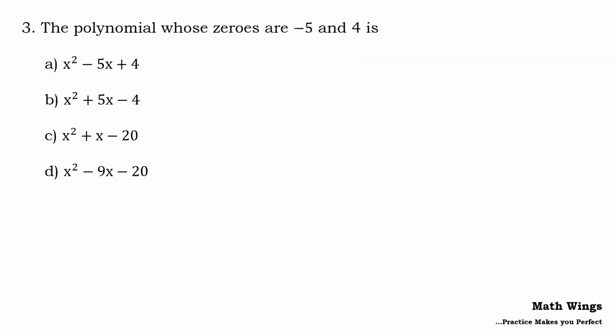The question is: the polynomial whose zeros are -5 and 4. So here they have given the zeros to us and they have asked to write the polynomial.